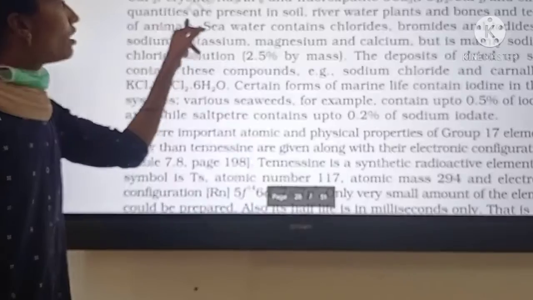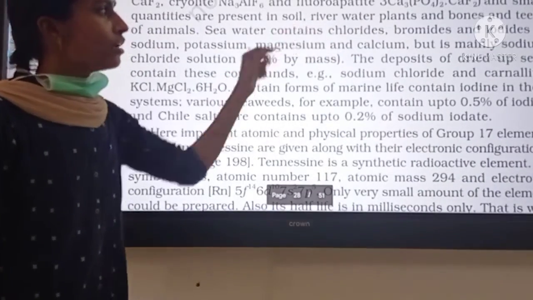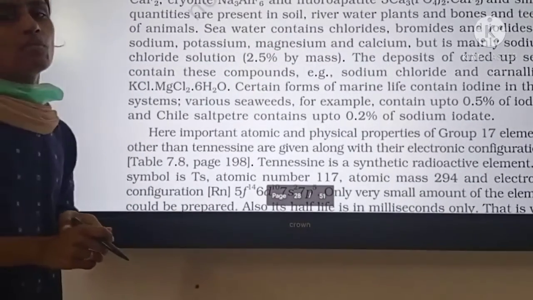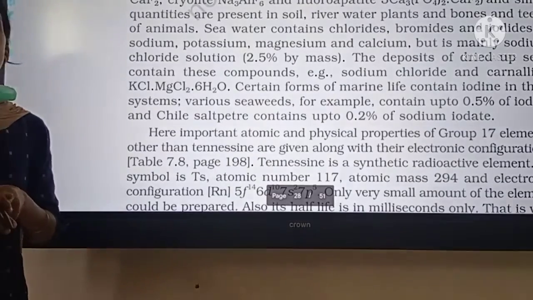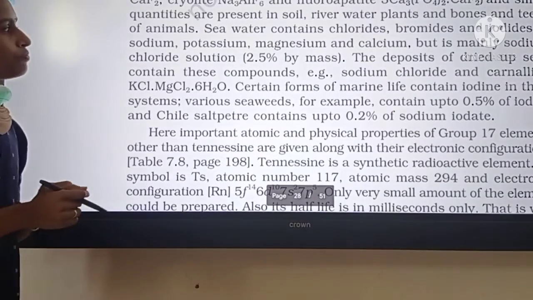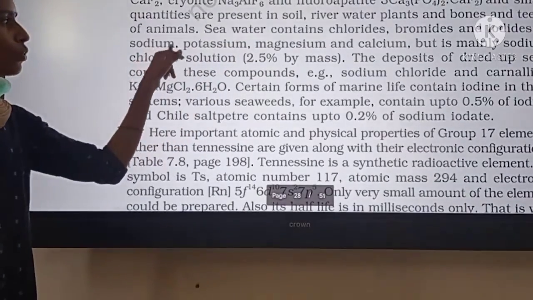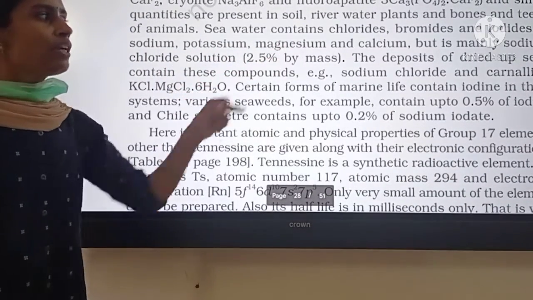Small quantities are present in soil, river water, plants, and the bones and teeth of animals. So our enamel and our bones also contain some fluorine. Next, seawater contains chlorides, bromides and iodides of sodium, potassium, magnesium and calcium.